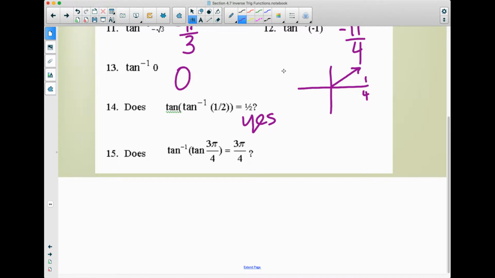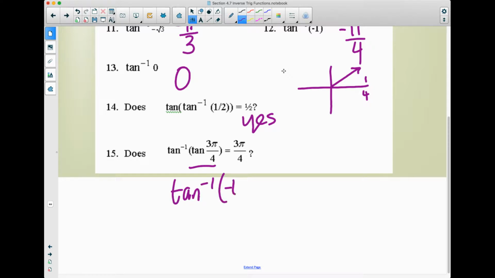This is when you have to keep in mind, am I evaluating where tangent is something, or am I evaluating tangent at something? So what is tangent at 3 pi over 4? Negative 1.